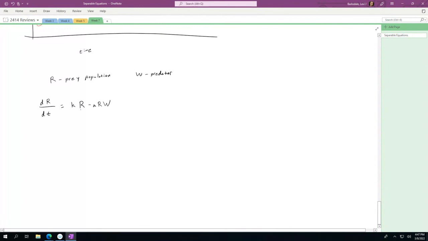So we increase based on the size of the prey population, and decrease based on how many predators there are. You'll notice we're also decreasing based on the size of the prey population as well. That's to put an upper bound on our population size.